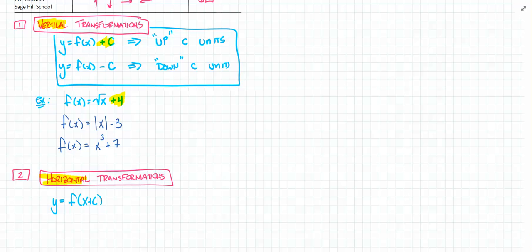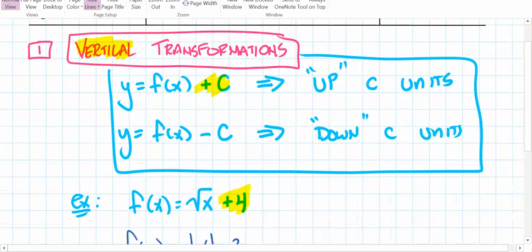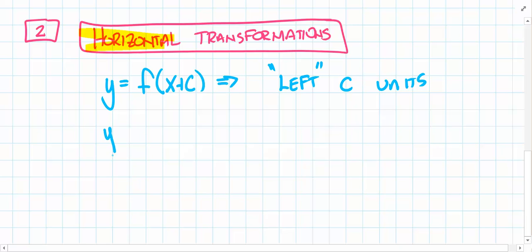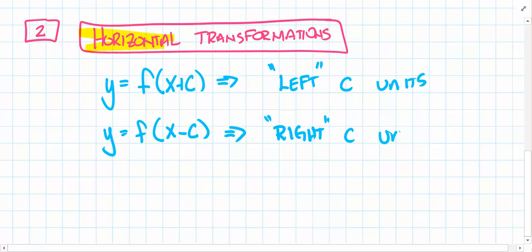So that is going to imply that this is going to give us a shift to the left. Unfortunately, you would think it should be right, but it is left c units. And then if it's x minus c, that would imply that it would be right, whatever c units happens to be. Okay? So there's everything you want to know about horizontal.